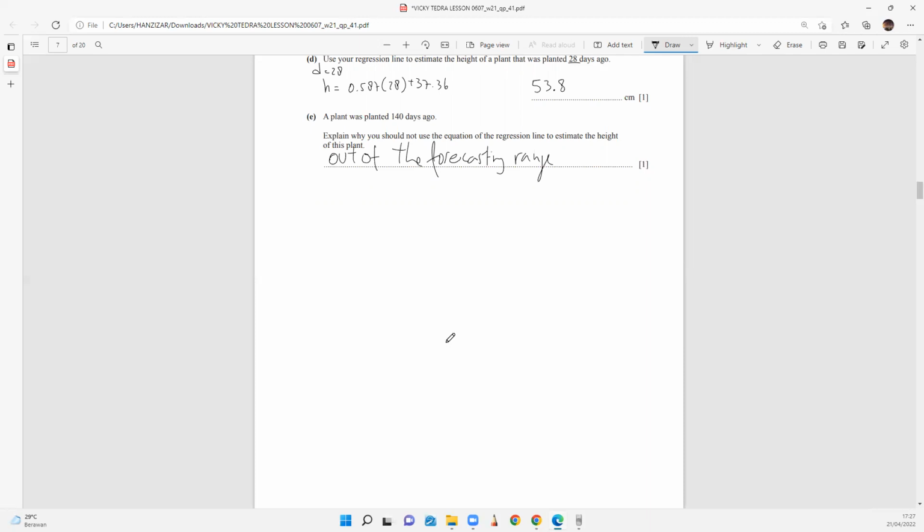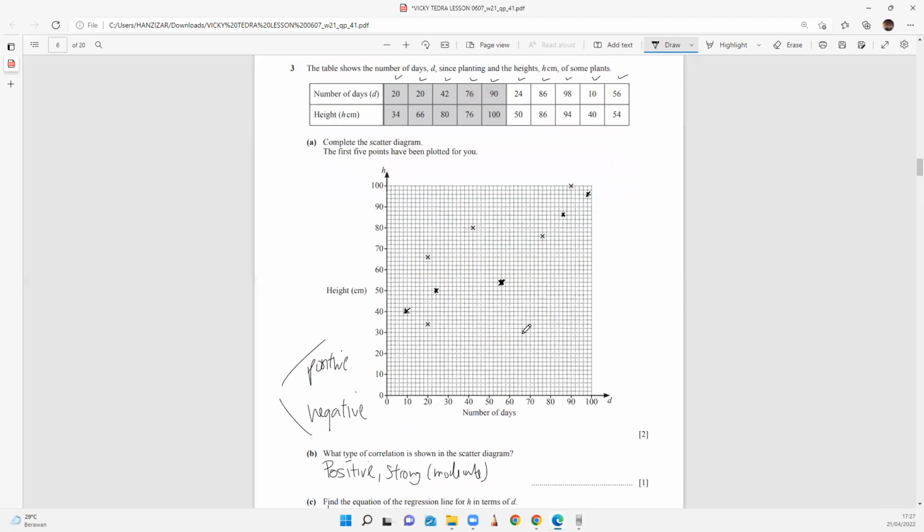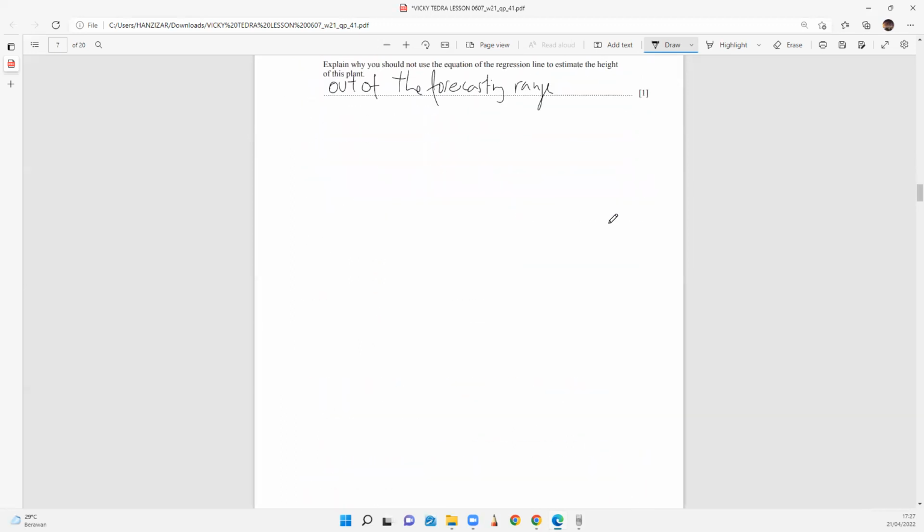You can find the height of the plant if it is, let's say, 51 days, which is not in the table, but you can find it, and you can find it between 0 and 100. More than or less than that, it is not recommended.